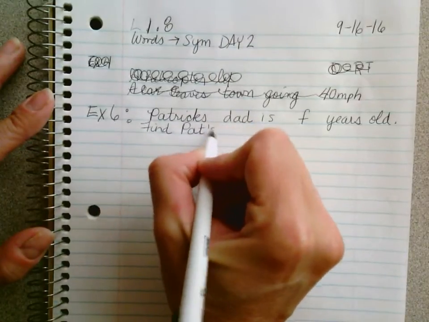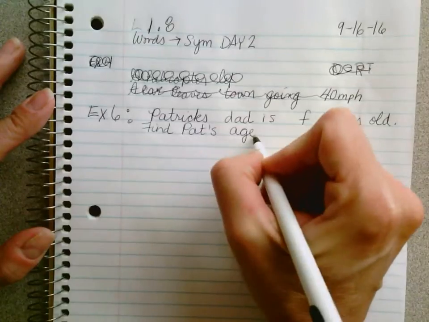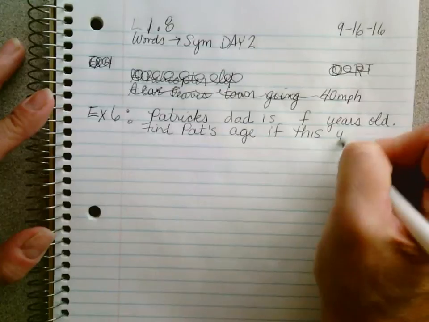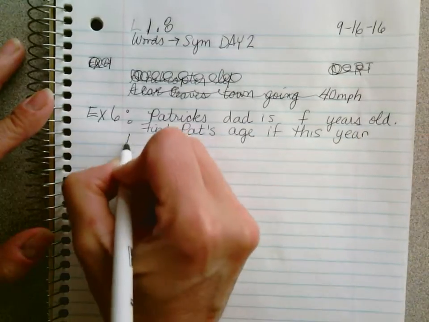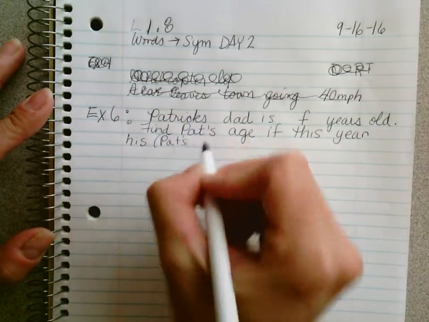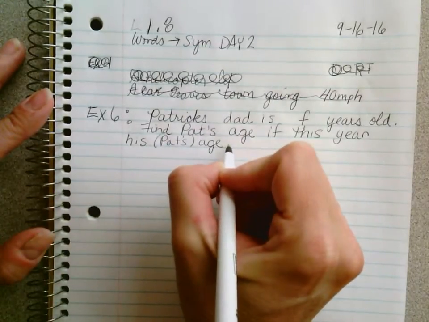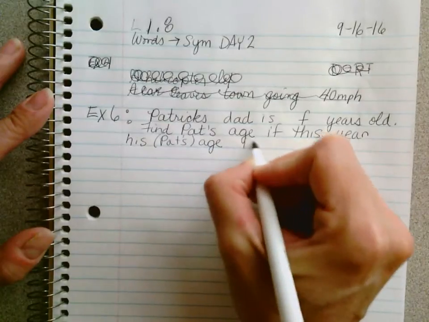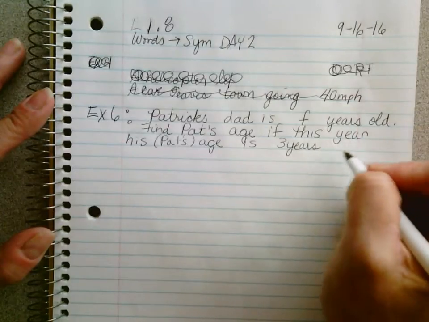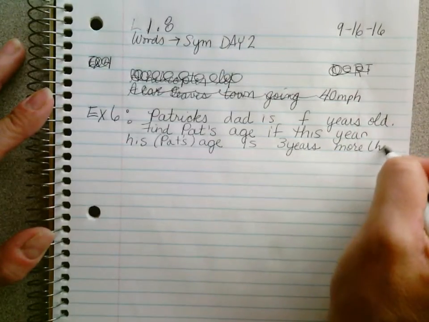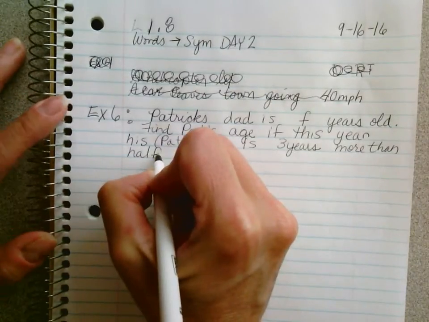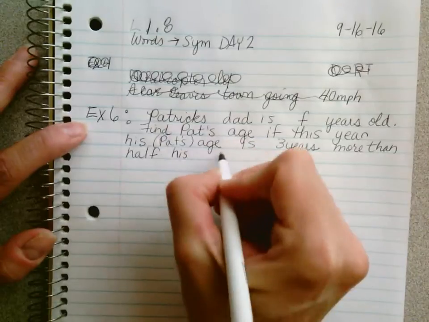Find Patrick's age if this year his age, this is still Patrick's, his age is 3 years more than half his father's age.